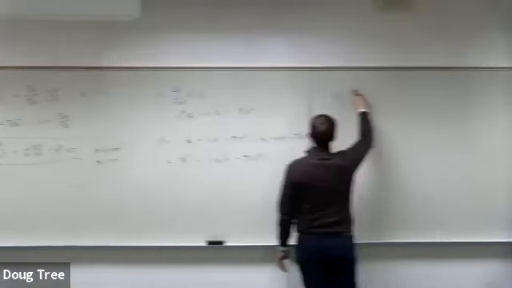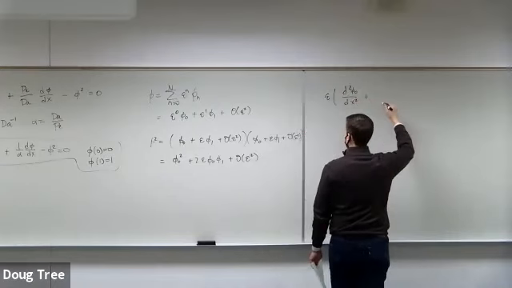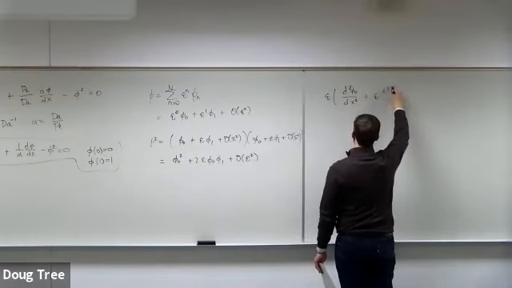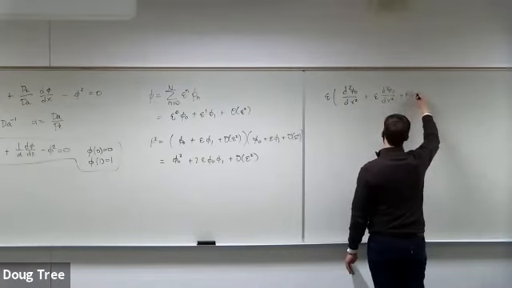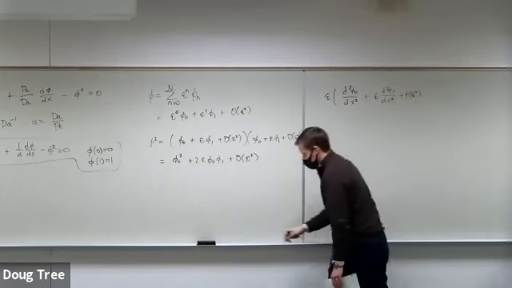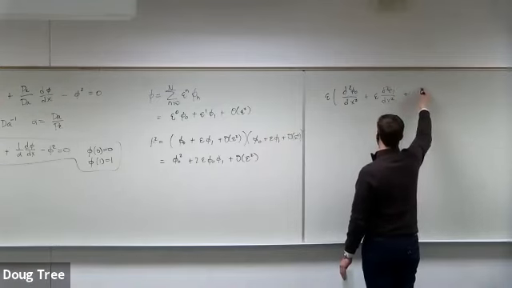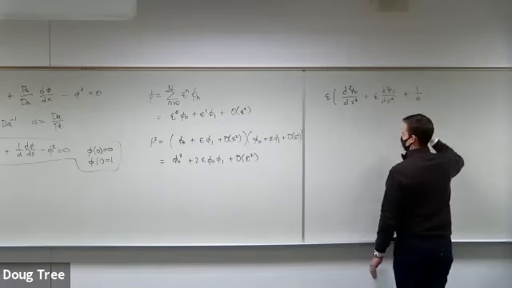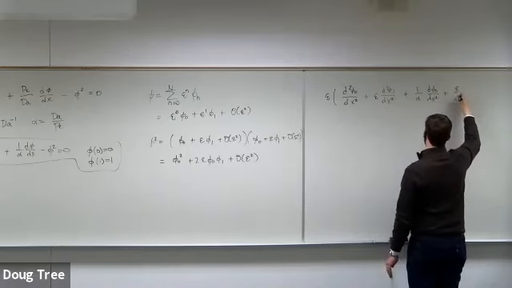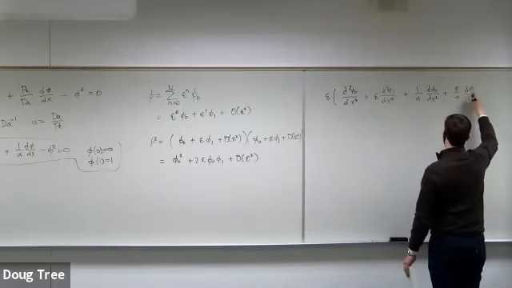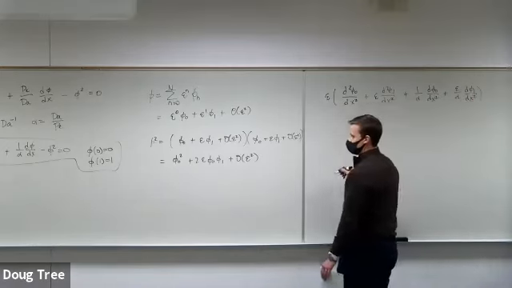Epsilon d2 phi 0 dx squared plus another epsilon d2 phi 1 dx squared plus higher order terms, plus 1 over alpha d phi 0 dx, plus epsilon over alpha d phi 1 dx.